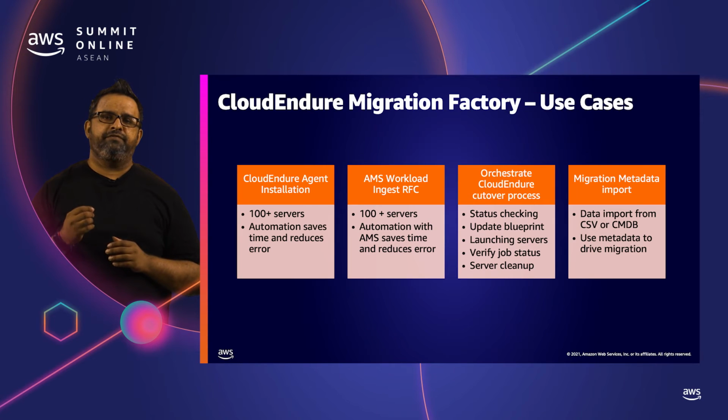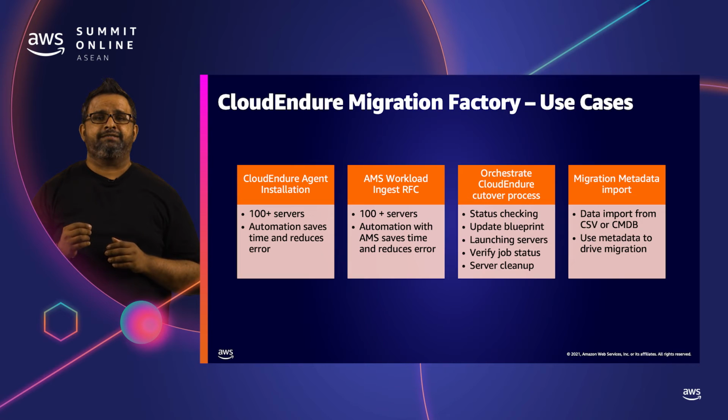The CloudEndure Migration Factory solution can also be used to orchestrate CloudEndure cutover process at scale. For example, we had a partner that leveraged the solution and had successfully migrated 626 servers in less than a day.